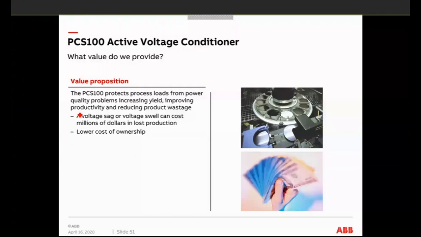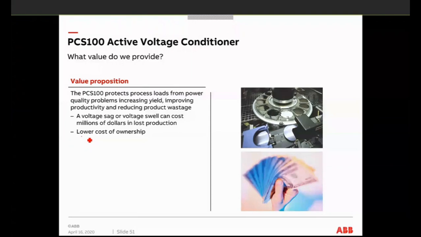We can solve these issues without an extra cost of voltage because the conversion is 1:1, and we have a lower cost of ownership because the system is modular and the system lifespan is 10 years and above.